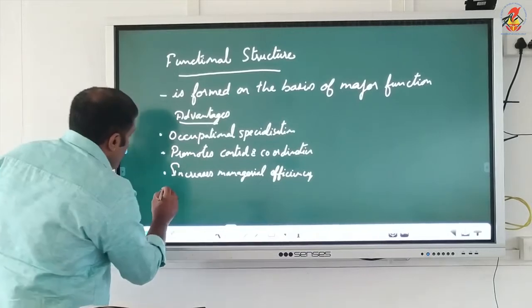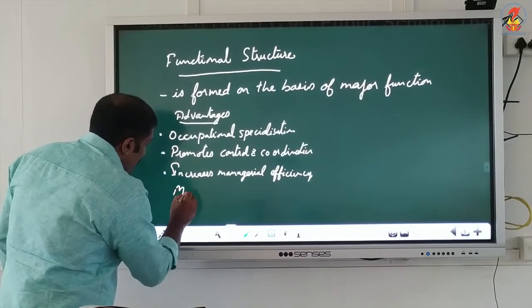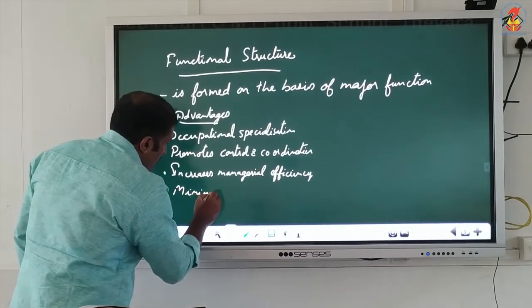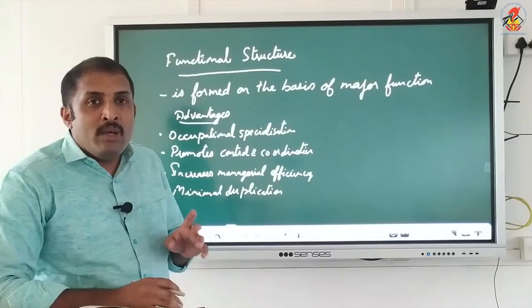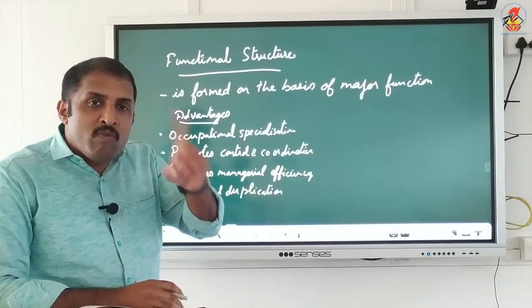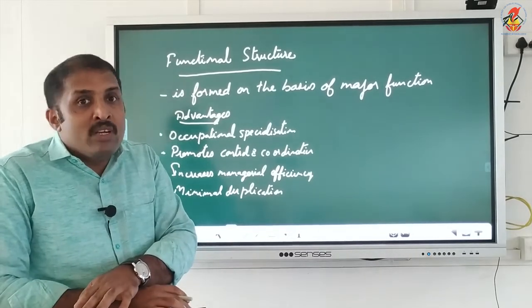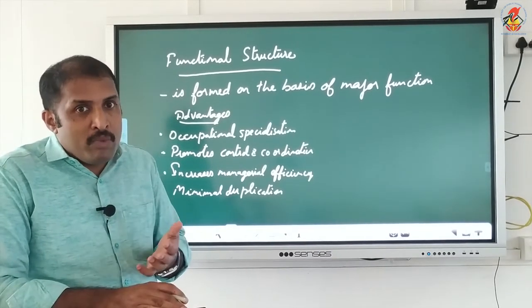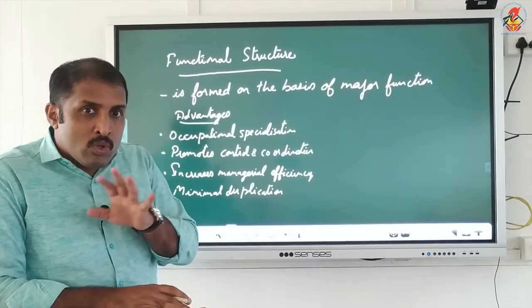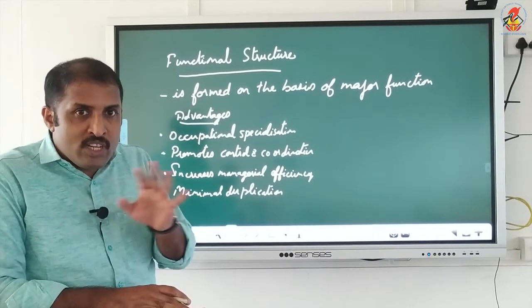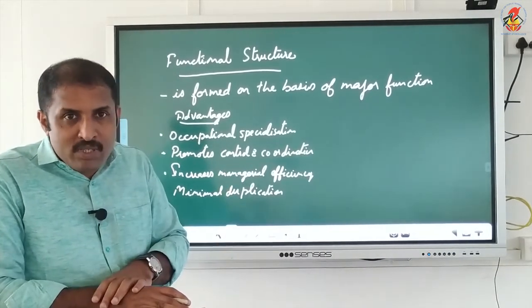Another thing is minimal duplication. Minimal duplication because a function is being performed only once, not a number of times. If finance is done by a person, that person only handles the financial matters.